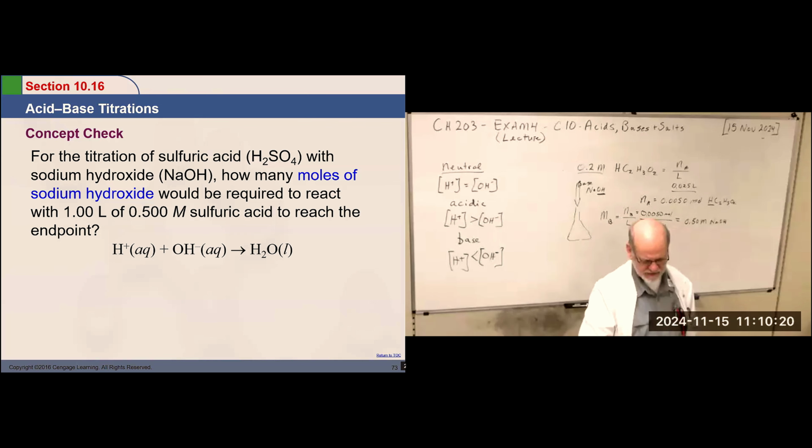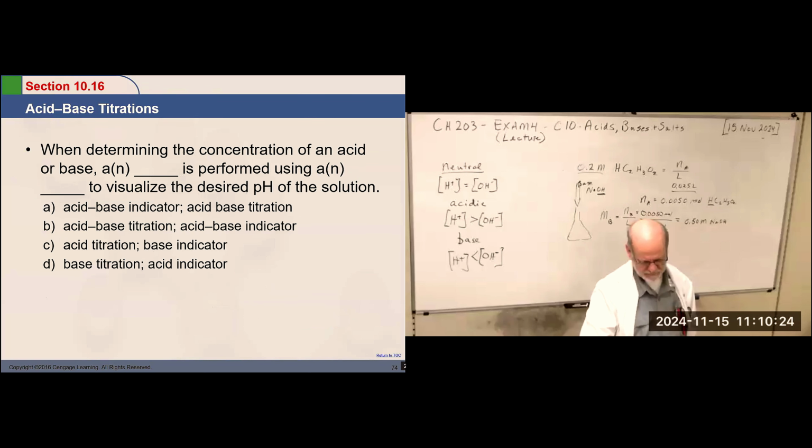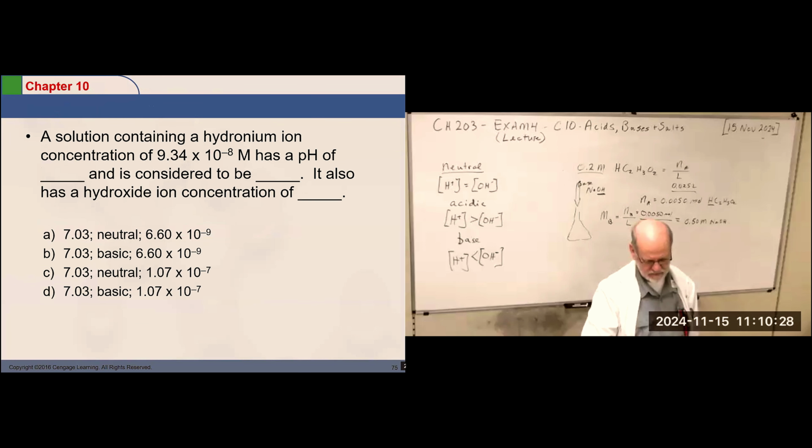Okay, let's see. I'm going to have to breeze through some of these. All right, so if you have that molar concentration of hydronium ions, then that's going to be 7.03. All of them are that. So that's pretty close to neutral.